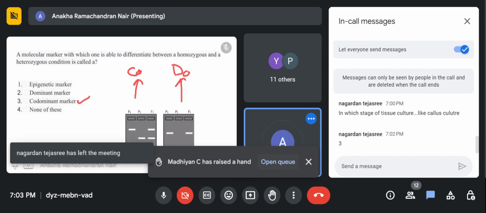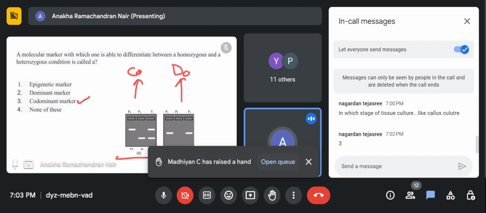And in the codominant marker, you can see all three: capital A, small a, and capital A, small a. So a dominant marker will only tell you whether the dominant gene is present or not. It will not tell you if it is homozygous or heterozygous. Any doubts in this question?